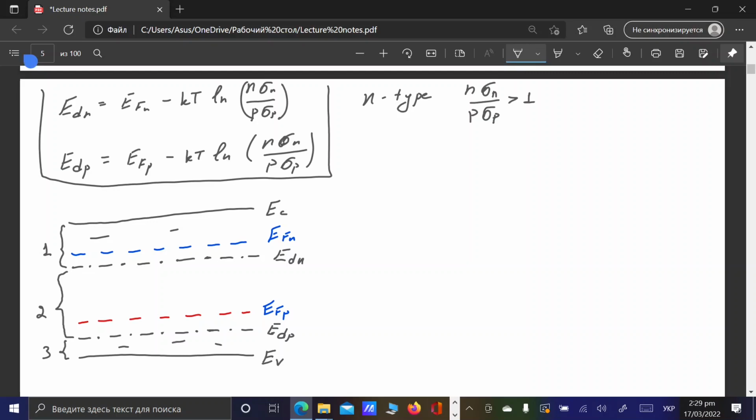In region 3, traps for holes, and in region 2, these deep energy levels will be considered as efficient recombination centers, and they will determine the net recombination rate via the trap-assisted or Shockley-Read-Hall mechanism. So with this, I would like to finish our discussion.